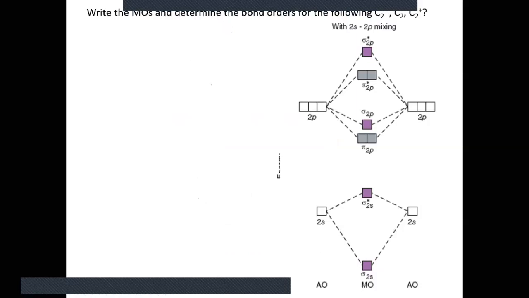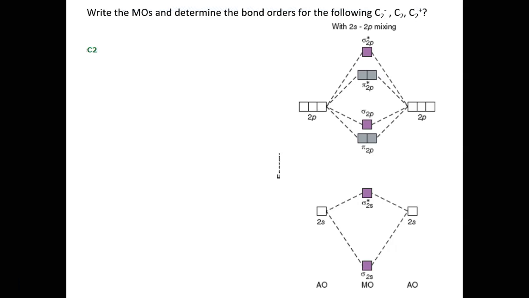So here we want to draw the molecular orbitals for C2 minus, C2, and C2 plus, and determine the bond order. So first we're going to start with C2. C2 has two 2s electrons. And again, this is energy. And since it's carbon, we do the one with s and p mixing.